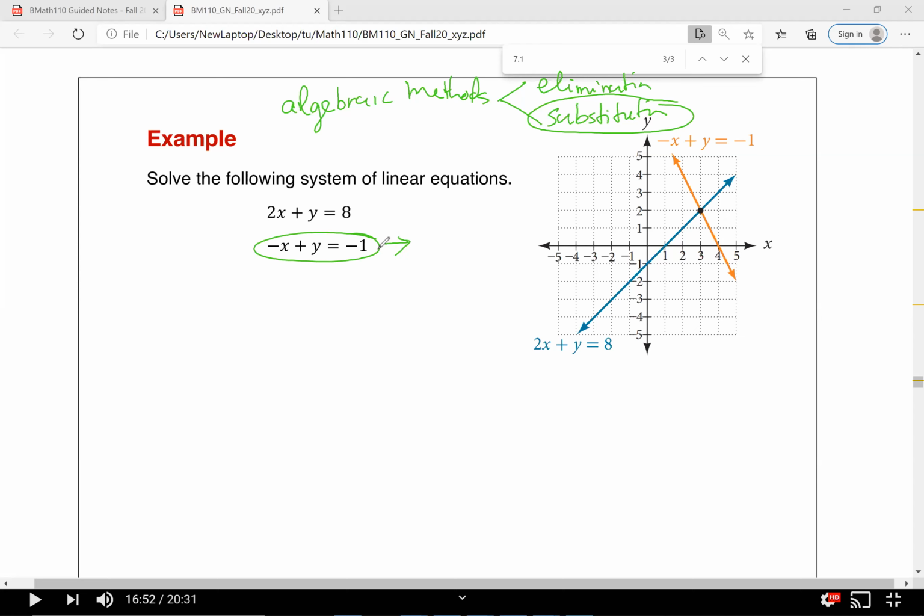The easiest variable to isolate here is y, because you add x to both sides. So we get y equals -1 plus x.